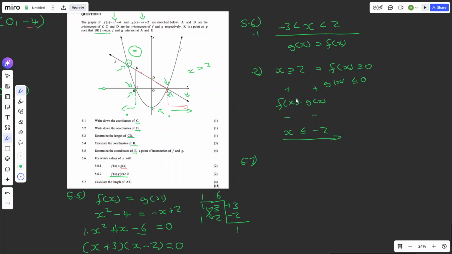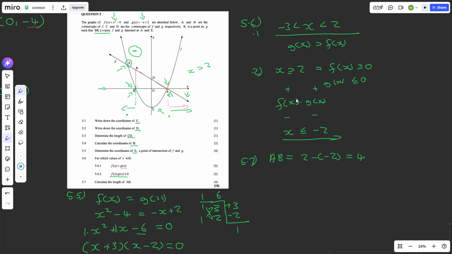We can use Pythagoras theorem. So we can find the length from A to B. The length from A to B is equal to what? What's the difference? It's going to be 2 minus minus 2. So the length there is 4.